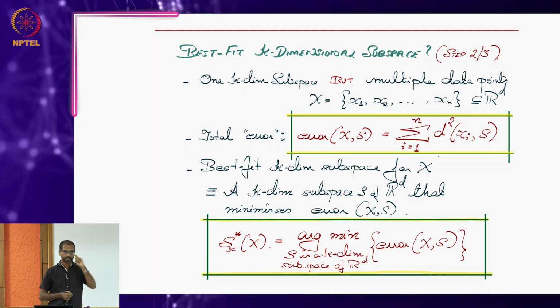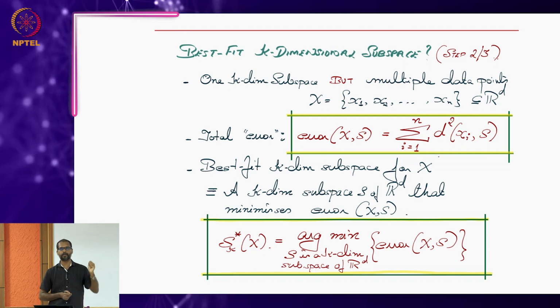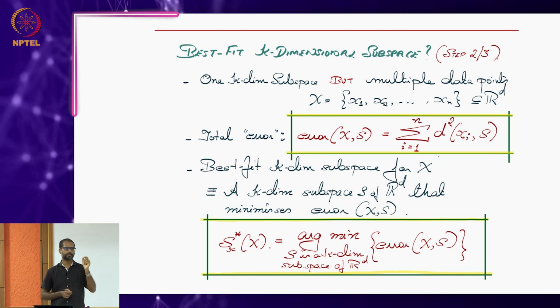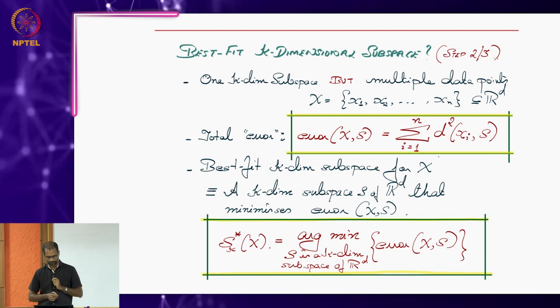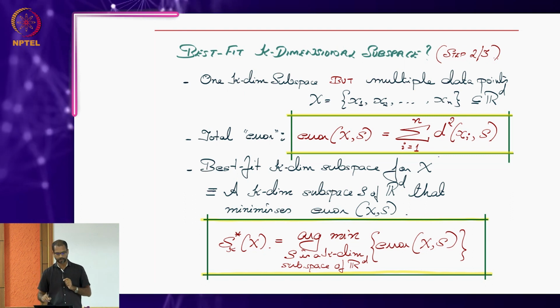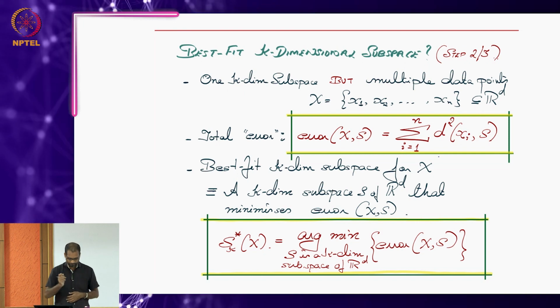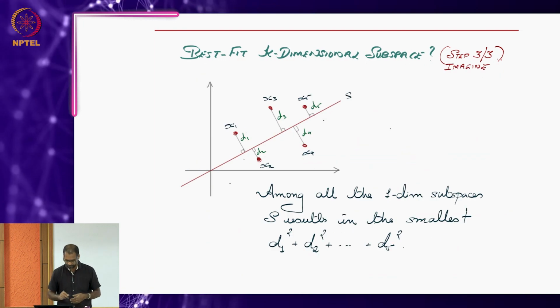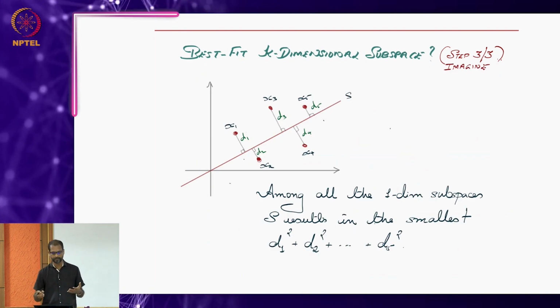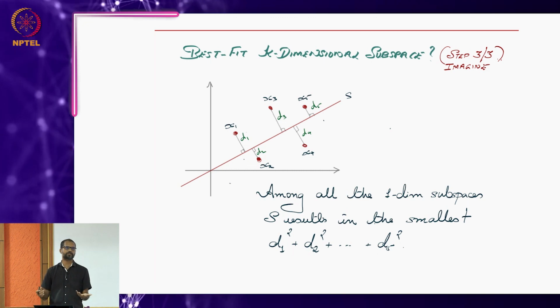Each distance, remember, is the length of the perpendicular that is being dropped from that data point to this subspace. Okay, so is this first box, the idea of error, clear? Okay, the one-dimensional picture, or the picture I can draw of this, will be like this. In this picture, the ambient space is two-dimensional.